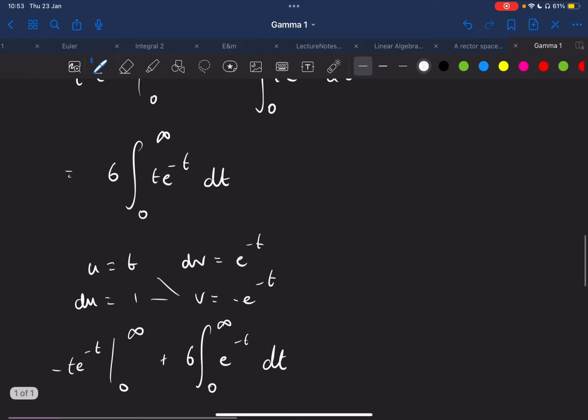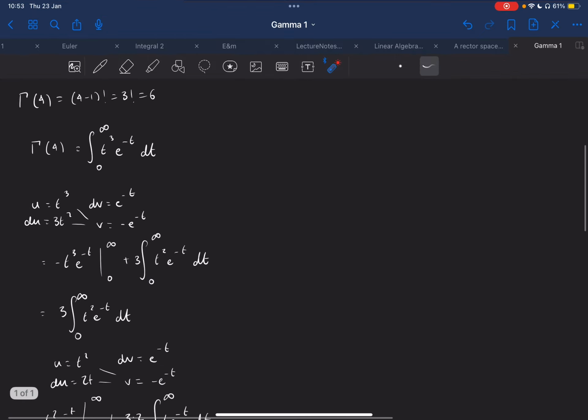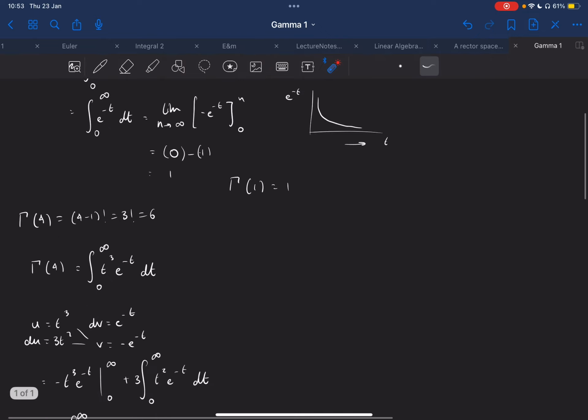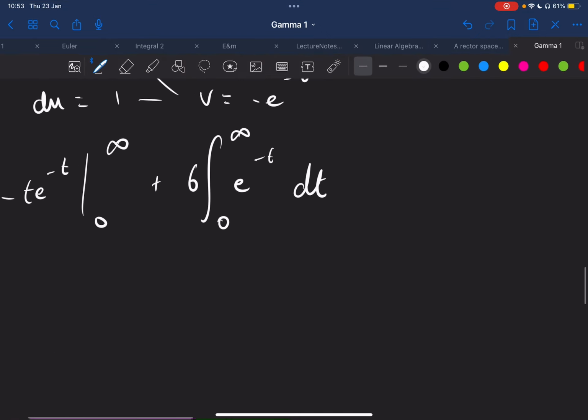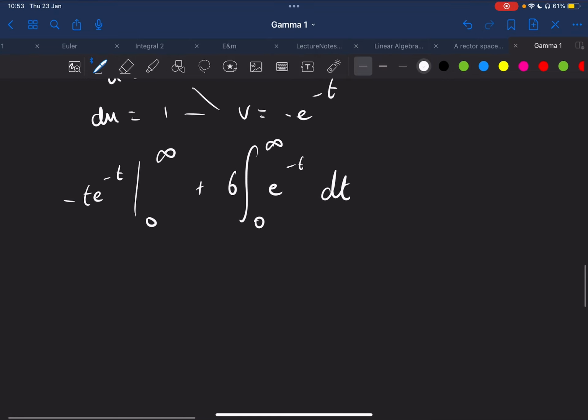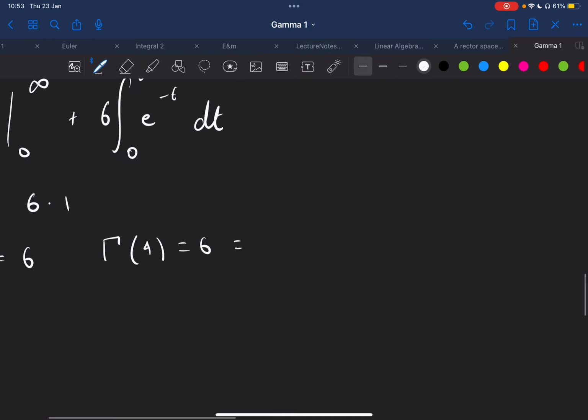Now, I'm going to be lazy, and from before we know that that's just 1, gamma of 1. So that is just going to be 6 times 1, which is 6. So gamma of 4 equals 6, which is 3 factorial.